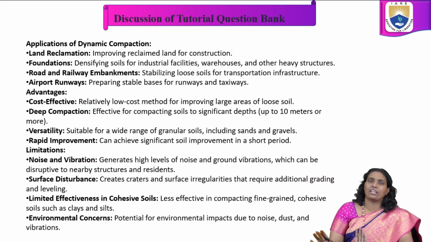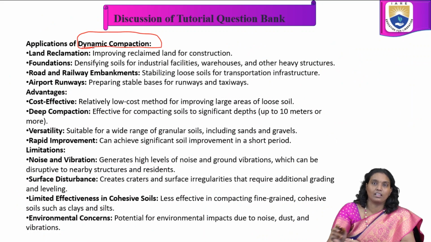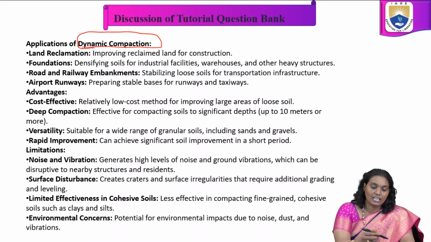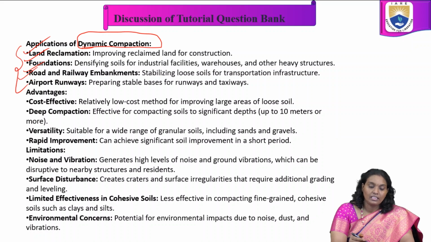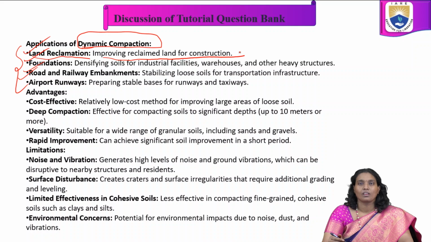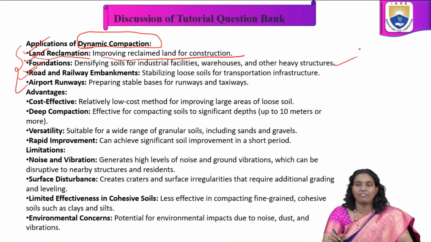Now move on to the applications. It depends upon which type of technique we are using. Applications: land reclamation, foundations, road and railway embankments, airport runways are the major applications for dynamic compaction. For land reclamation, improving the reclaimed land for construction. For foundations, densifying the soils for industrial facilities, warehouses and other heavy structures.